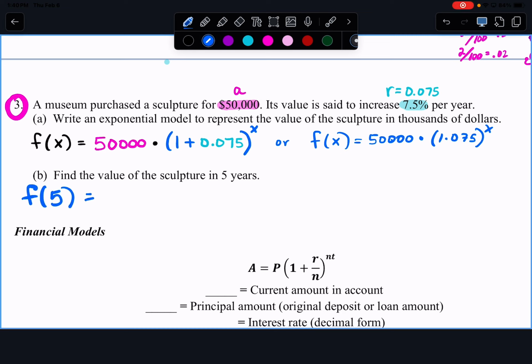So once we plug in 5, we will do 50,000 times 1 plus 0.075 to the 5th power, which is equal to 71,781.46631.